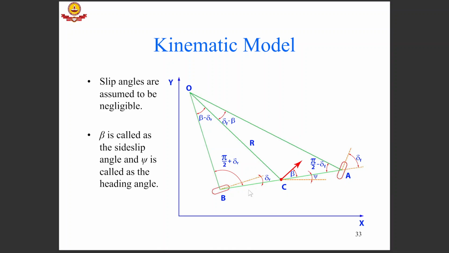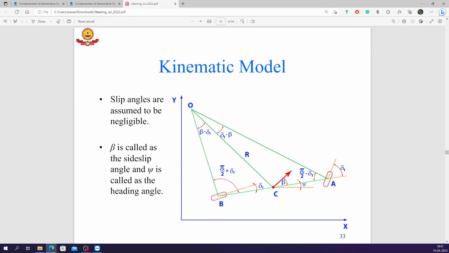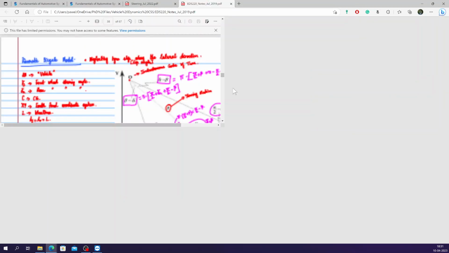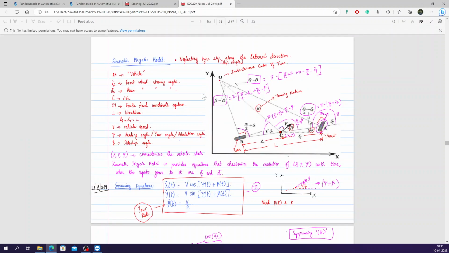Okay, so let me switch to handwritten notes, which are much more detailed, so that we can have a discussion on the derivation in a better sense.